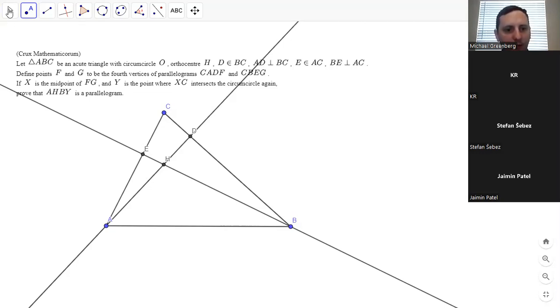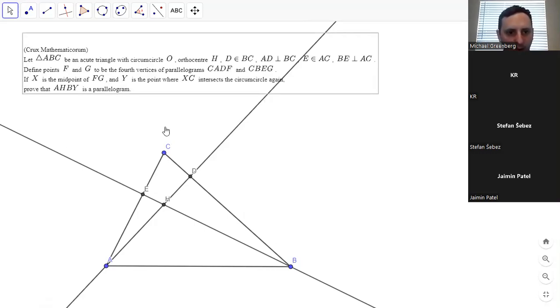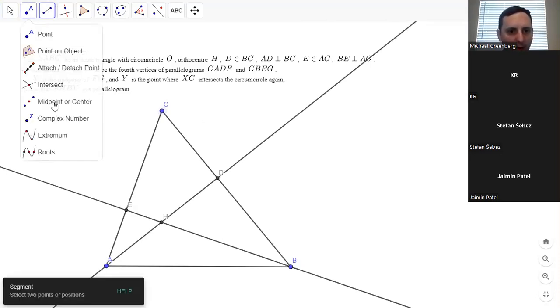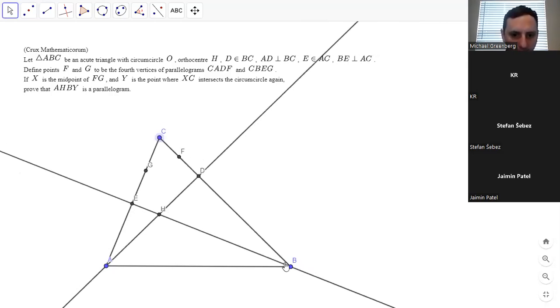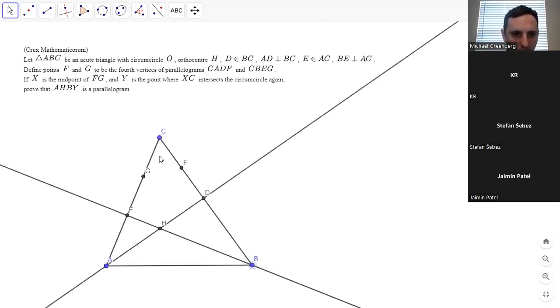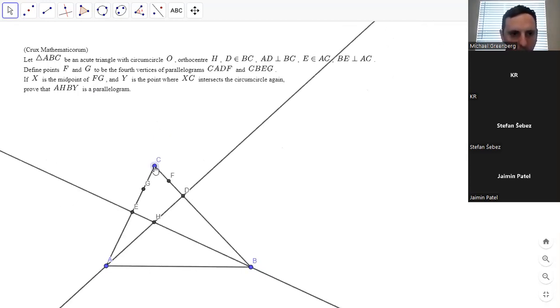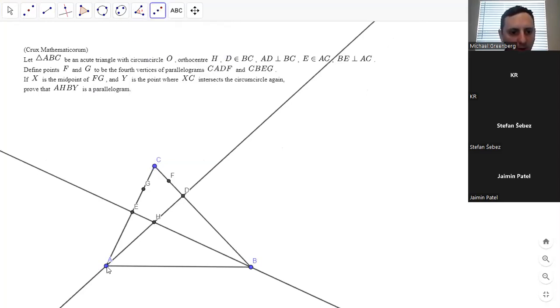Okay, let's see if we can make this look a little better. So CA. Yeah, so I'm going to do it like this. I might want to shrink this triangle a little bit so that we can see. I'm going to reflect A across F and B across G. There we go.